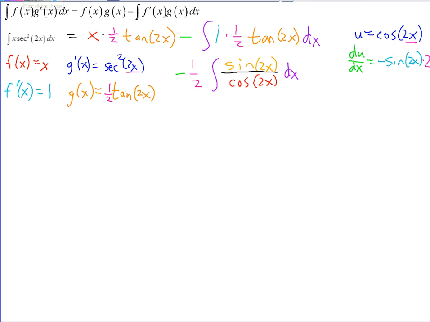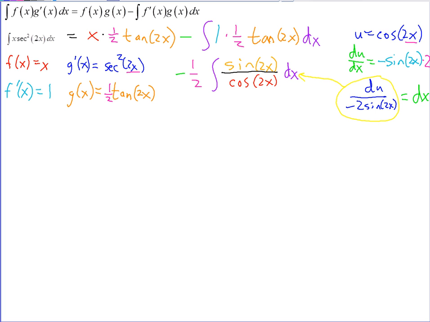So then dx, you multiply by dx and divide by that, ends up equaling du divided by negative 2 sine of 2x. And you can see that's going to work out nicely because when we substitute that in for dx, that's going to help us remove the sine of 2x.